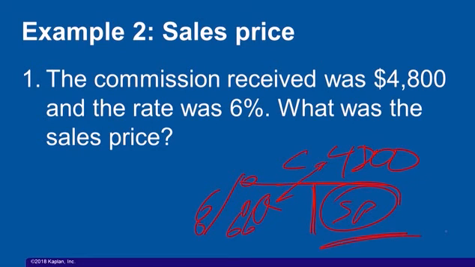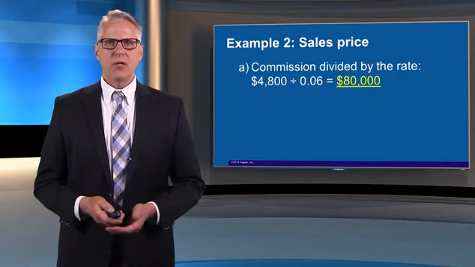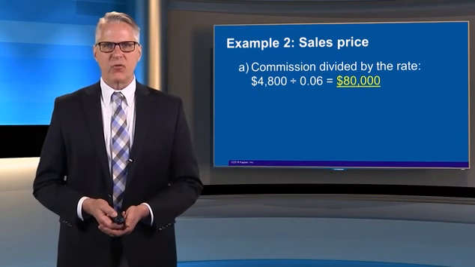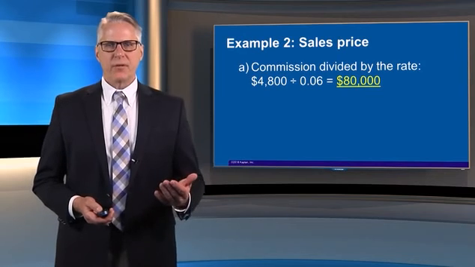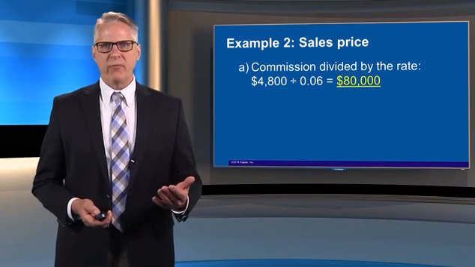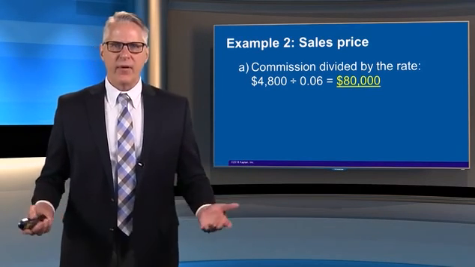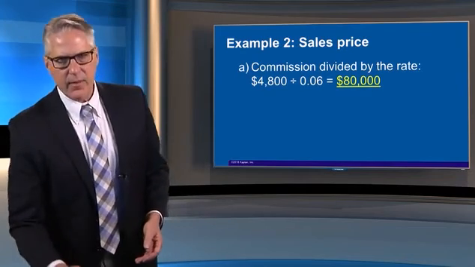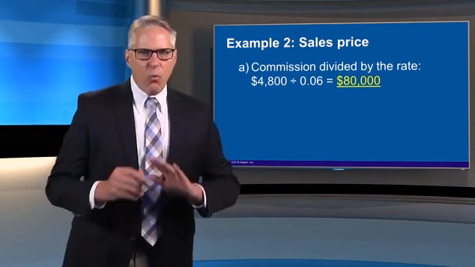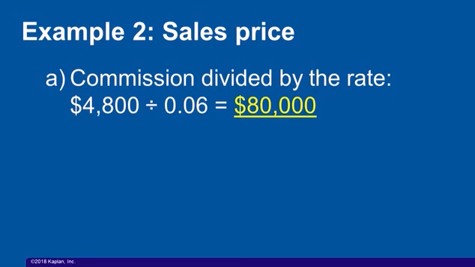I do that, and I will get my sales price. So as we saw when I did the circle formula, the commission was $4,800, the rate was 6%, and there we go, $80,000. And once again, I'm just going to take a look at why that circle formula works for us.